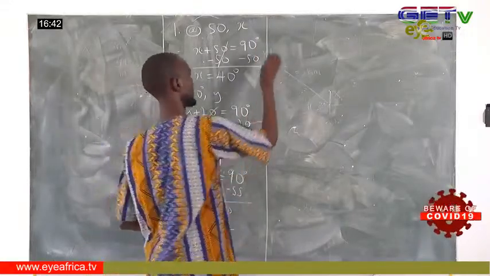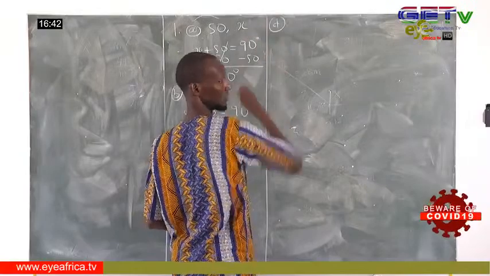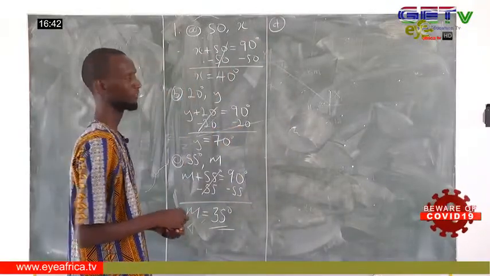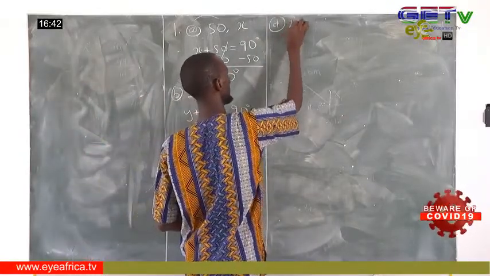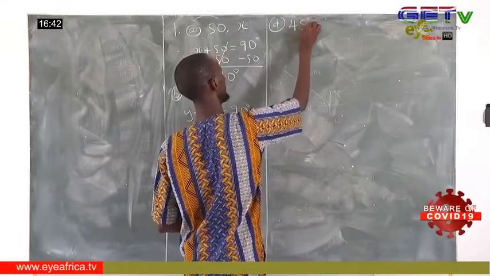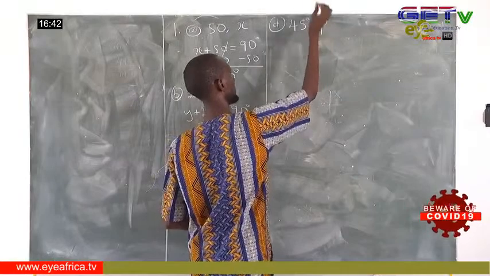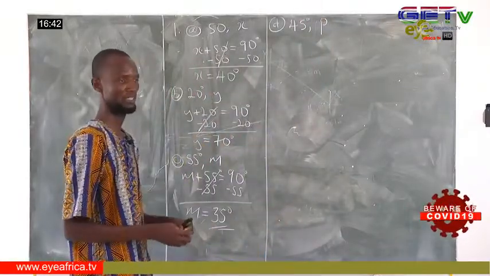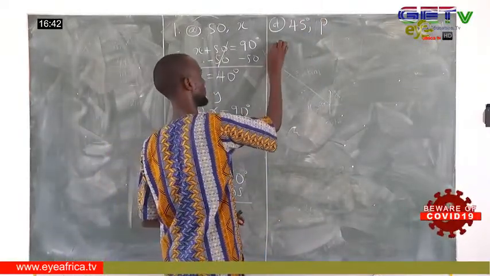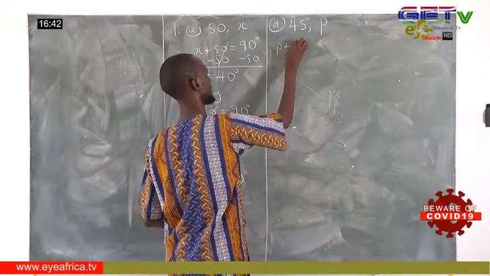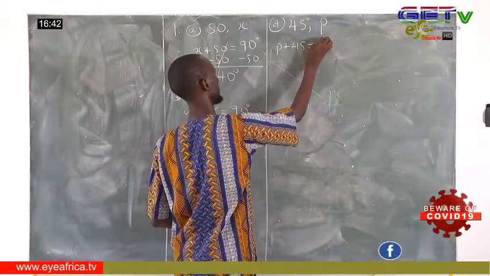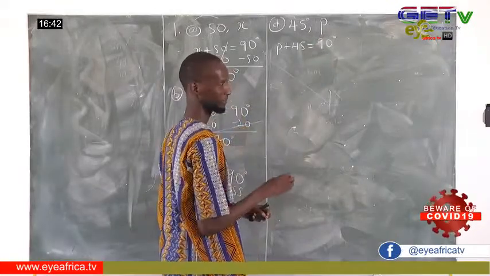And then finally, D, you are given an angle of 45 degrees. The complement we don't know, so we can use a variable to represent it. Let's say P. And again, we know P plus 45 is equal to 90 degrees. Okay?